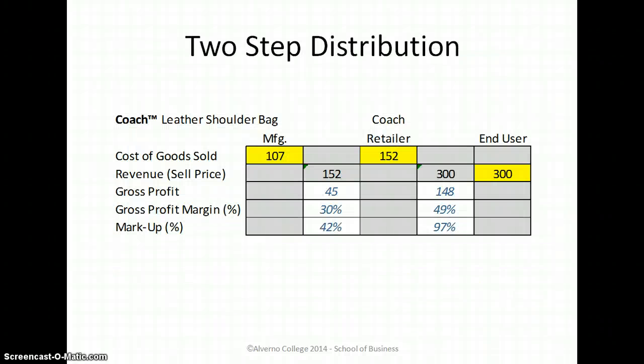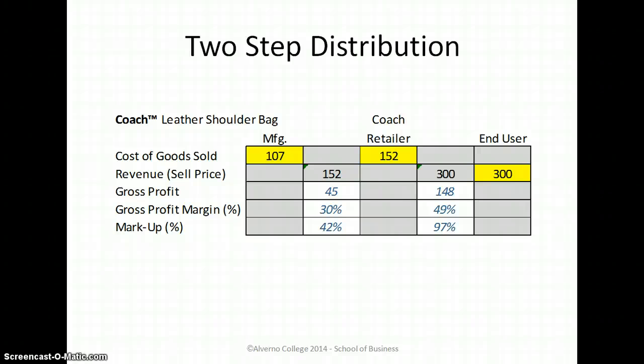Because now if we go to a two-step distribution, let's just take the same leather shoulder bag design and style, but it's being offered by Coach, high-end brand retailer. Now this is two-step distribution because you have the end user, you have the Coach retailer, and now you have a manufacturer.